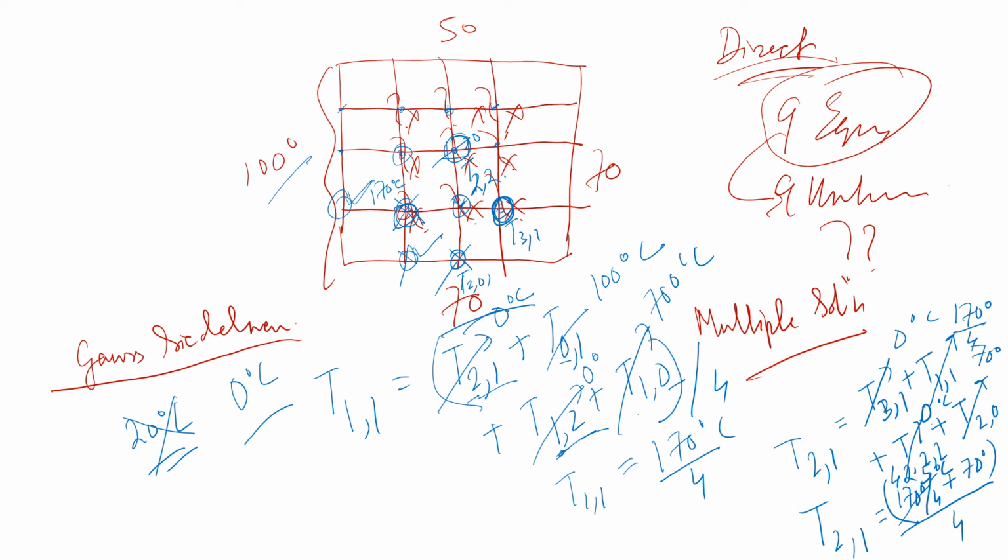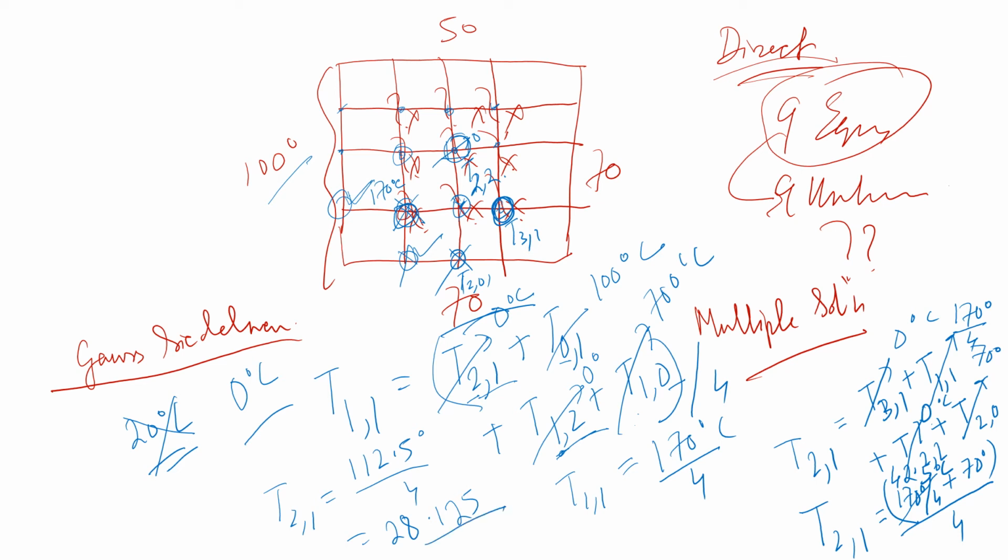So T21 will be around 112.5 degrees centigrade divided by 4, which will again be 0.125 like this.